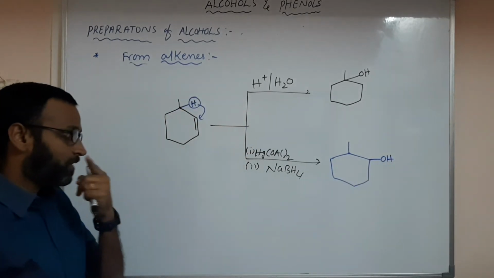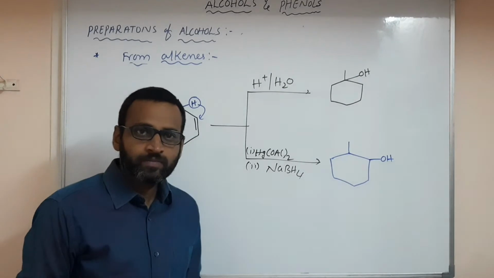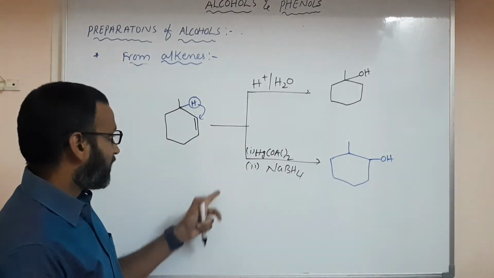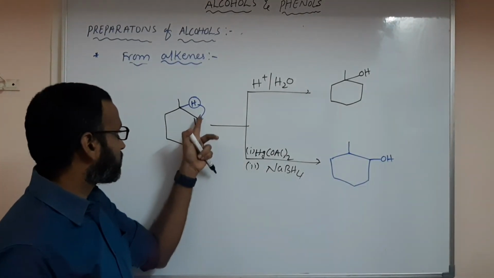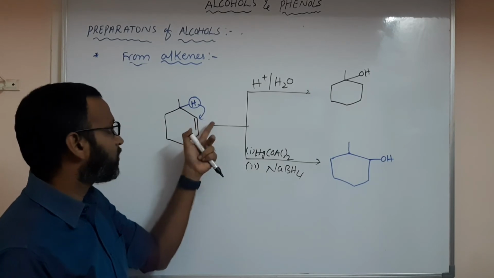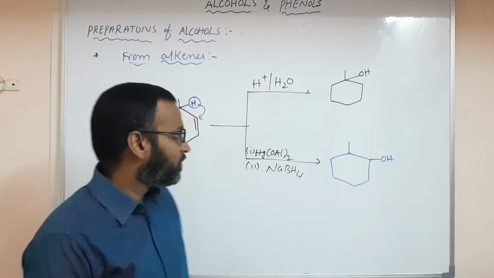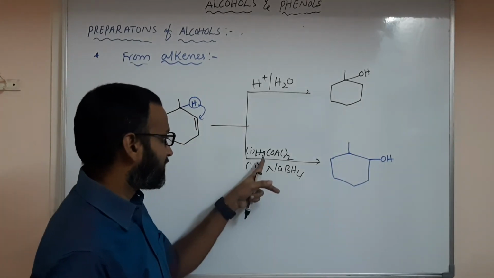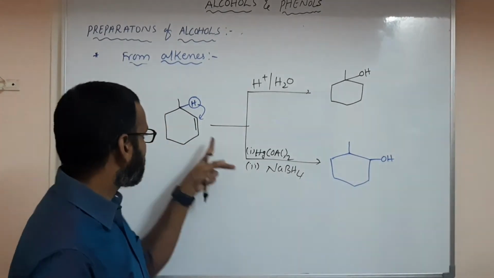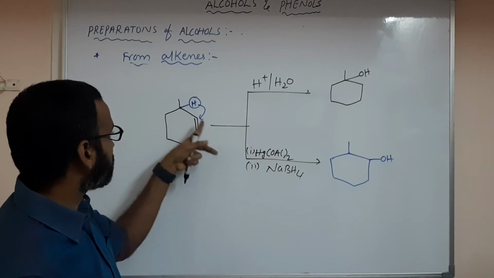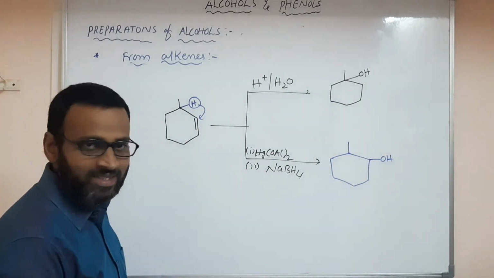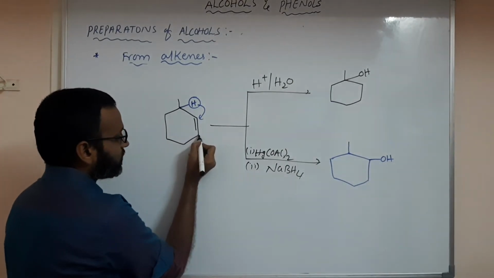That's the difference. Why was hydroboration not mentioned? Both carbons are the same, so OH will come here only. That's why the anti-Markovnikov rule was not mentioned. This is according to Markovnikov rule. Here also the carbons are the same, but there is no migration.